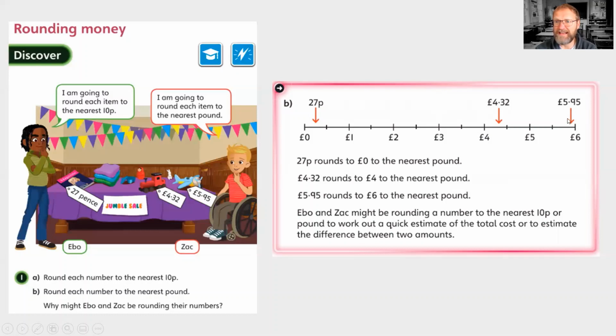That is just less than £6. You can see on our number line, it is much closer to £6 than it is to £5. So we would round it up to £6. And that final question: Ebo and Zach might be rounding a number to the nearest 10 pence or pound to work out a quick estimate of the total cost or to estimate the difference between the two amounts.